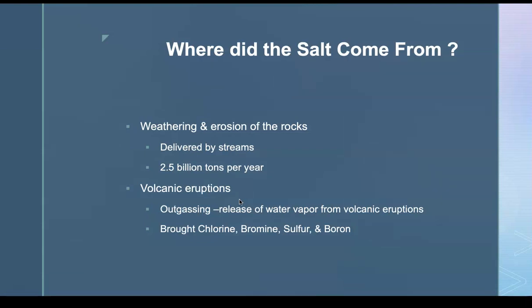Comets you may know of as dirty snowballs, and while they are by no means the primary source of the Earth's water, they certainly contributed to the Earth's water, and as they came into our atmosphere and melted away, they contributed some material to the oceans as well.